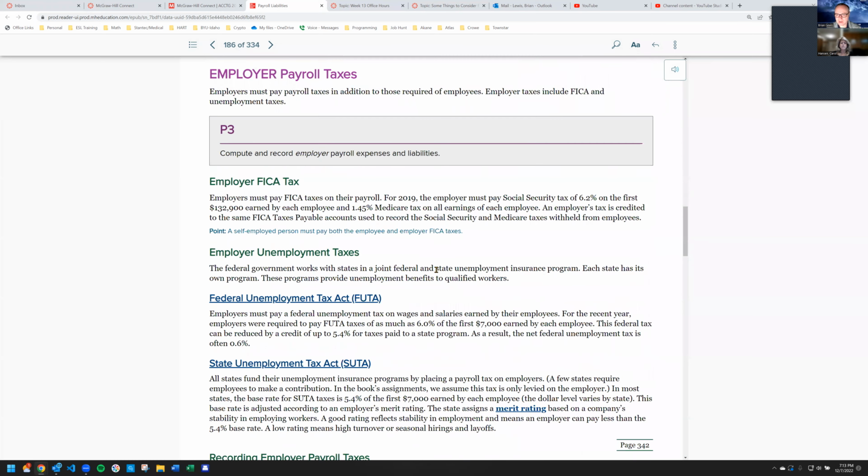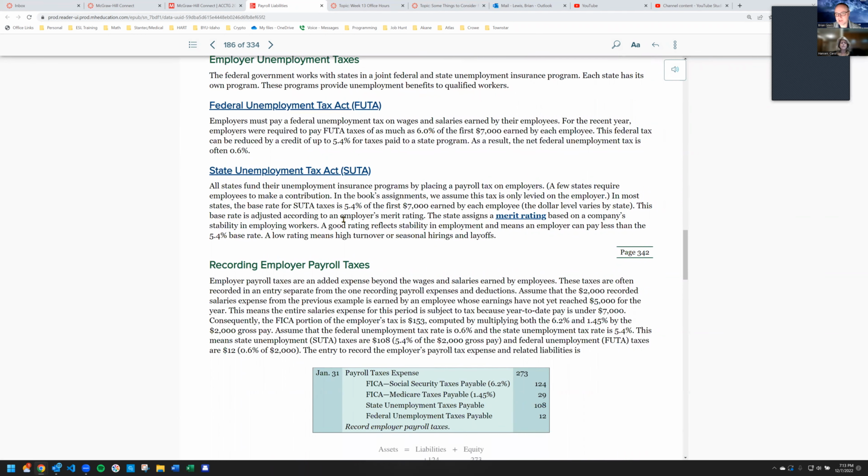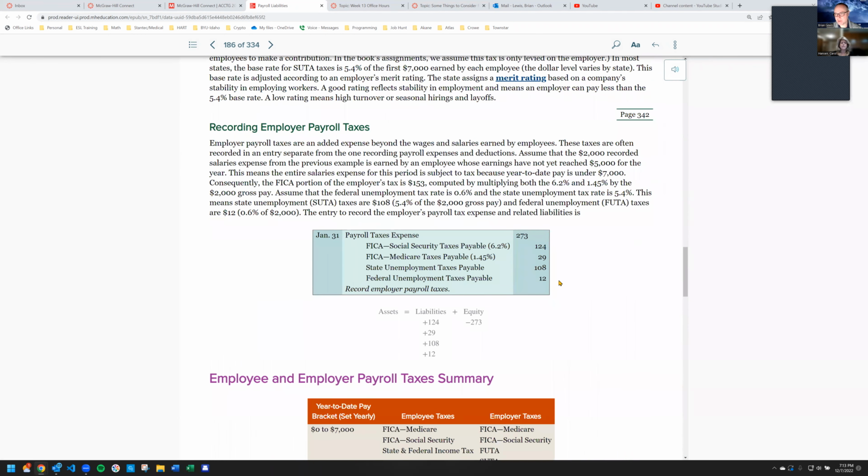So it'll walk you through that on here. Your FUTA, your SUTA, both unemployment components that the employer pays into these government entities. And then they record the same thing. They'll do an analysis of what the tax expense is on the payroll that was made.